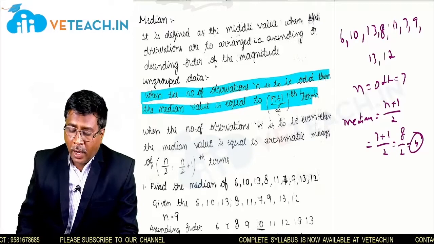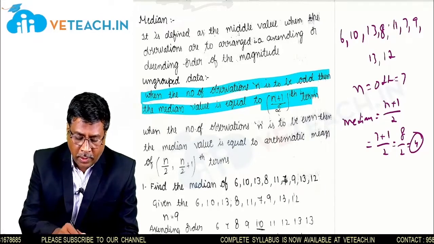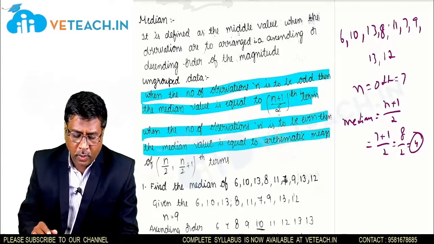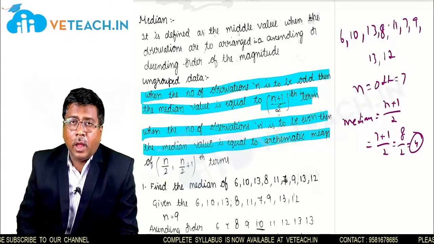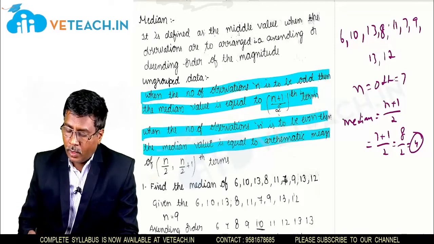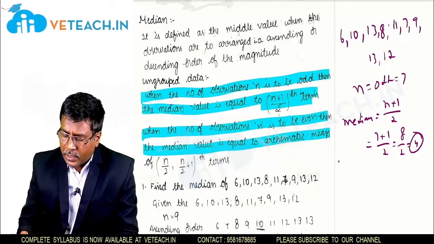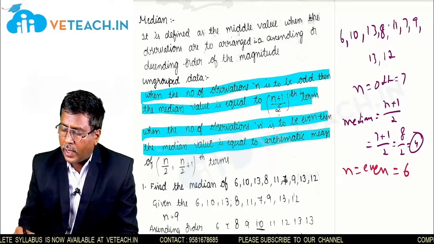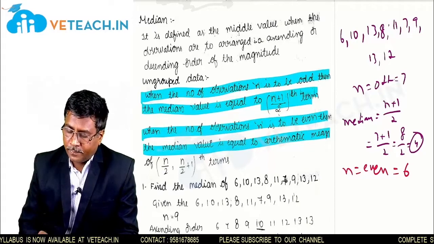Suppose the number of observations n is even, then the median is the arithmetic mean of the n by 2th term and the (n by 2 plus 1)th term. For example, take n as 6.